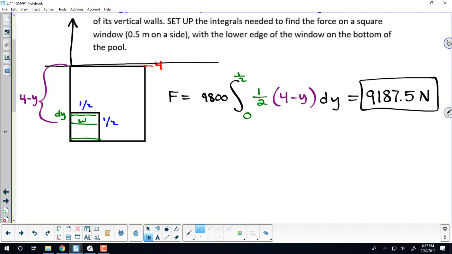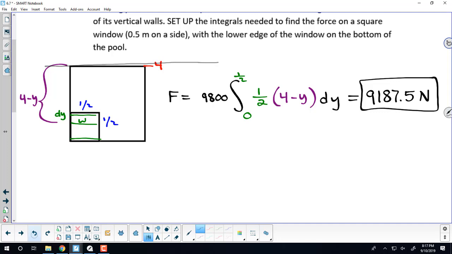Then things change depending on the orientation. But it doesn't affect the outcome. The force on that face is the force on that face, whether we set it up like this, or with the x-axis on the bottom of the pool. If we rotated that 90 degrees or 180 degrees, the force is still the same. It's just that the setups would look different.